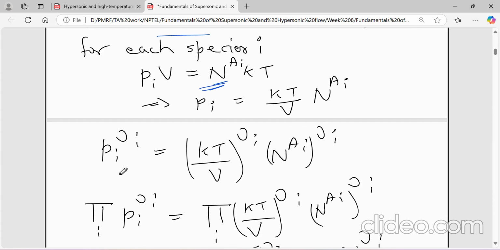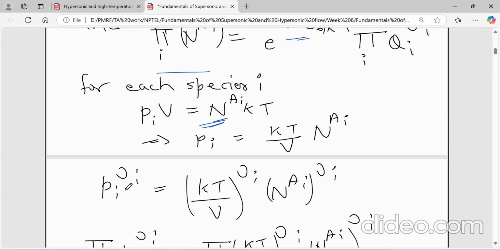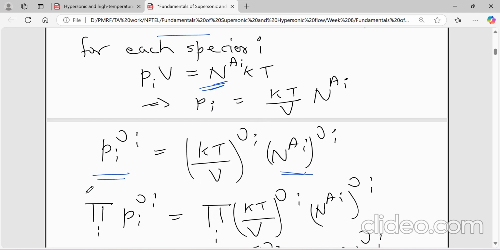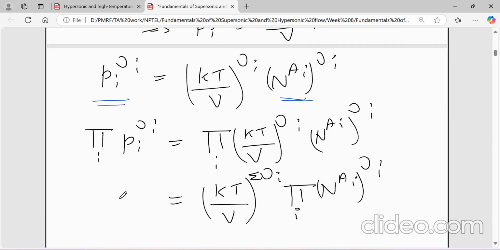If we raise it to the power of its stoichiometric coefficient, it will become Pi to the power nu i equal to kT upon V to the power nu i into NAi to the power nu i. If we take its product, it will become product of Pi to the power nu i equal to product of kT upon V to the power nu i into NAi to the power nu i. It is a product, so we can write both products separately also.